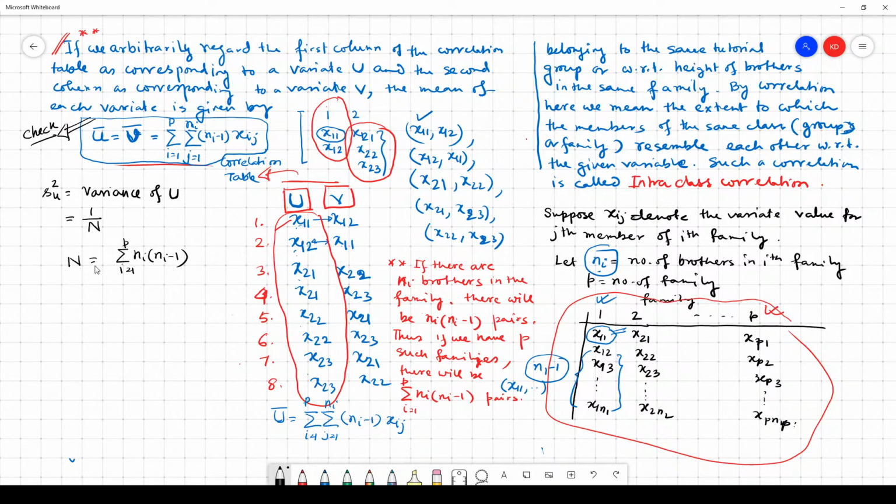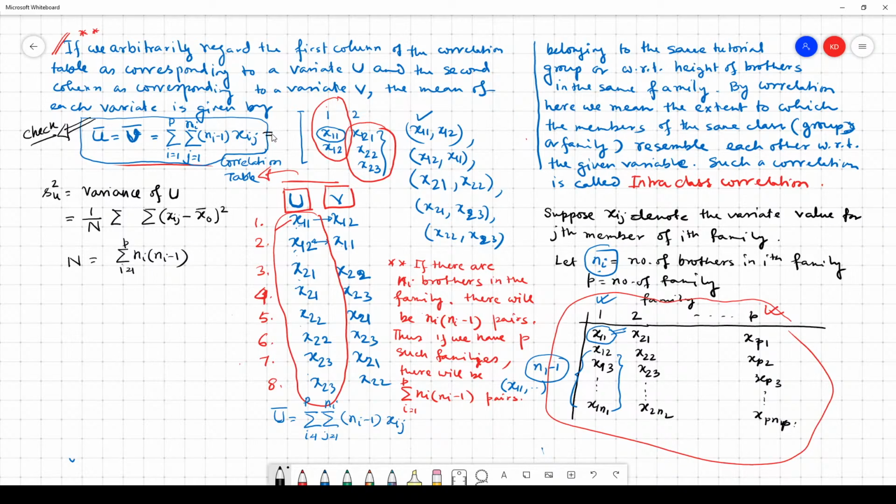This is n, times xij minus x naught bar whole square.